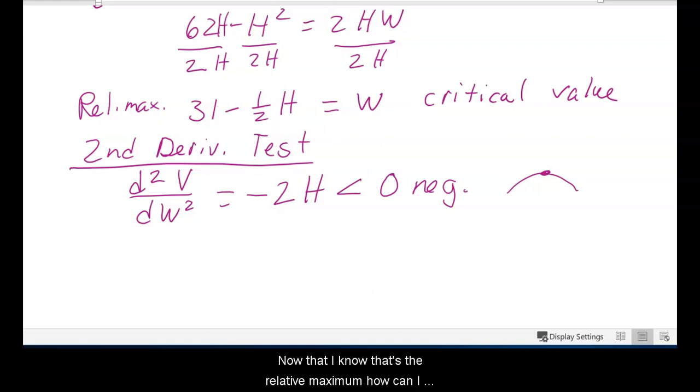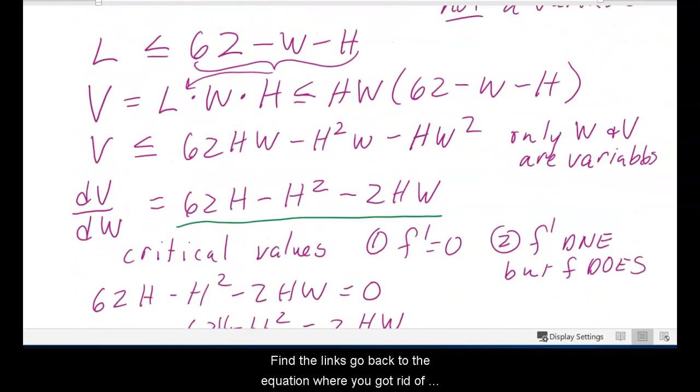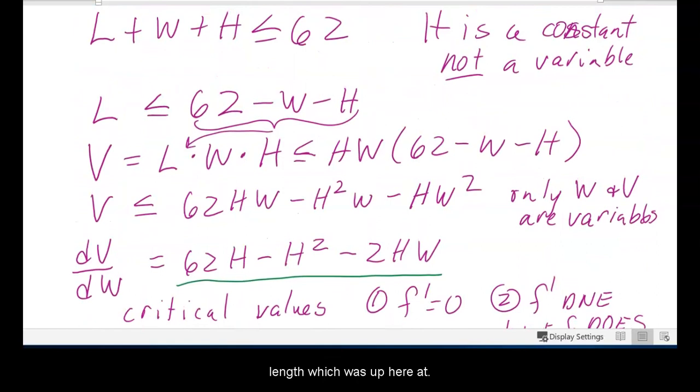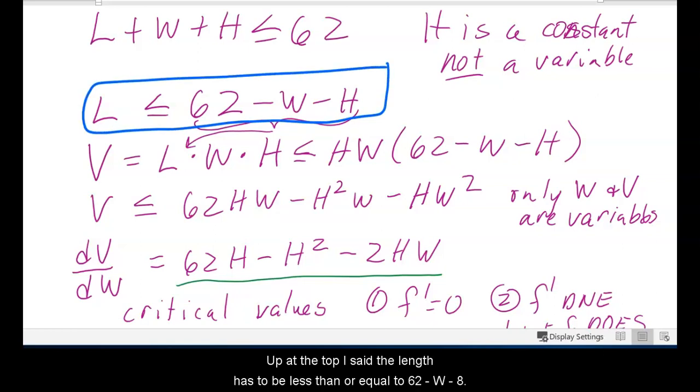Now that I know that's the relative maximum, how can I find the length? To find the length, go back to the equation where you got rid of length, which was up here at the top. Up at the top, I said the length has to be less than or equal to 62 minus w minus h.